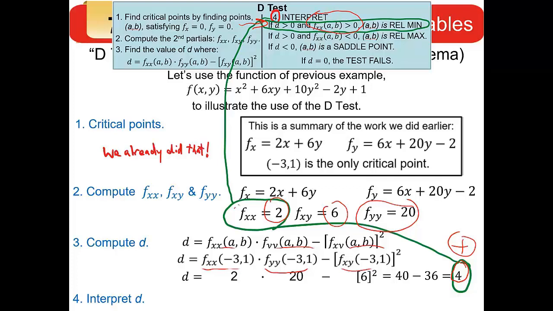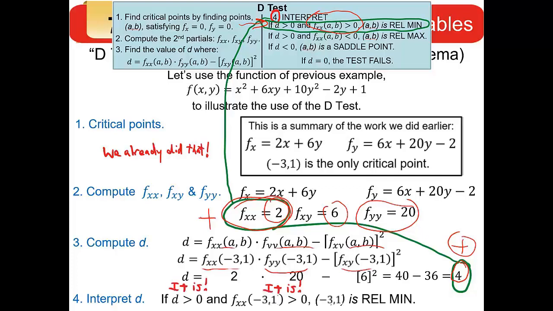Well, the xx partial is 2, a positive number. So that's the case that I've circled up there where d is positive and the second partial xx is also positive. If you find that that's true, then you found a relative minimum. So that critical point that we found is a relative minimum.